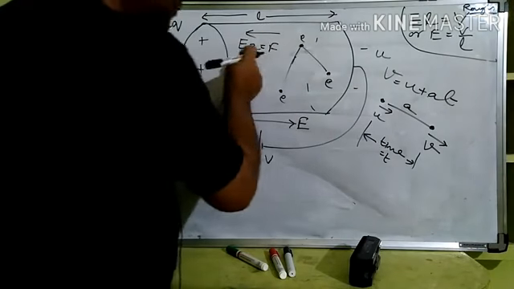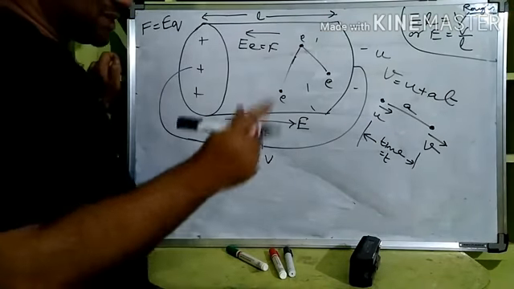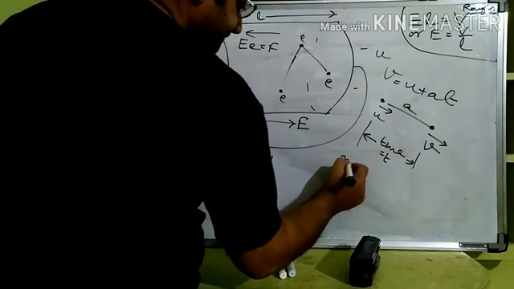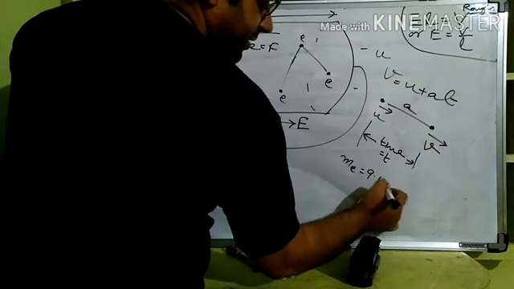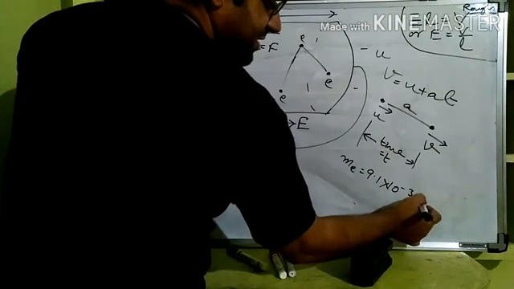If this is a force and the electron is having some mass, what's the mass of an electron? 9.1 into 10 to the power minus 31 kg, remember.